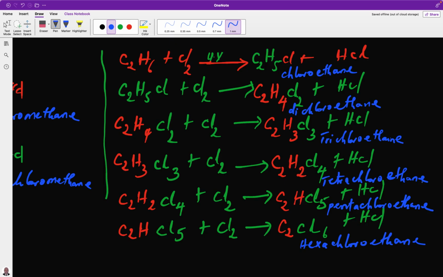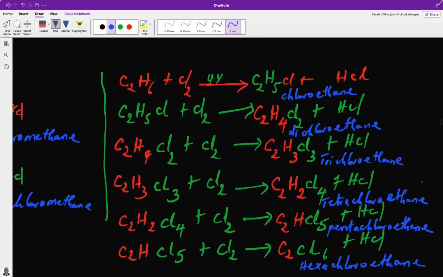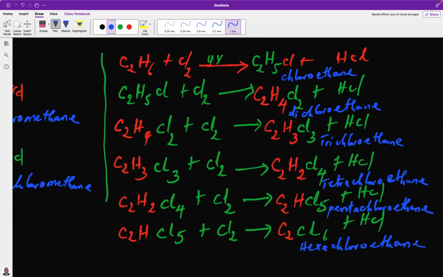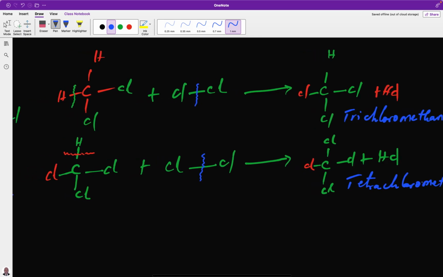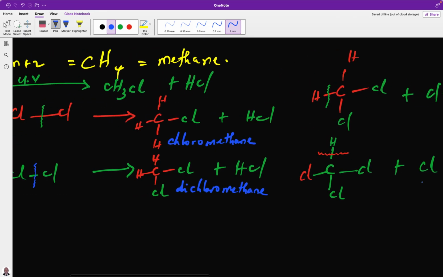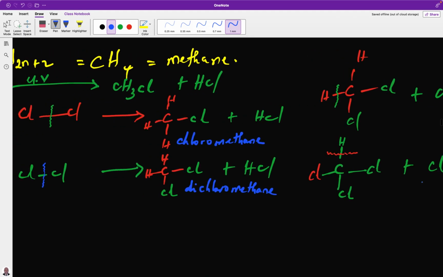What you notice is that since we substitute the hydrogen atoms, the number of hydrogen atoms decreases from 6 to 0, and the number of chlorine atoms increases from 0 to 6. We are now done with halogenation of alkane, with examples for methane and ethane.